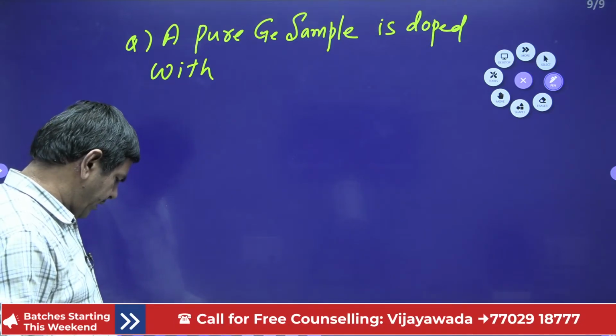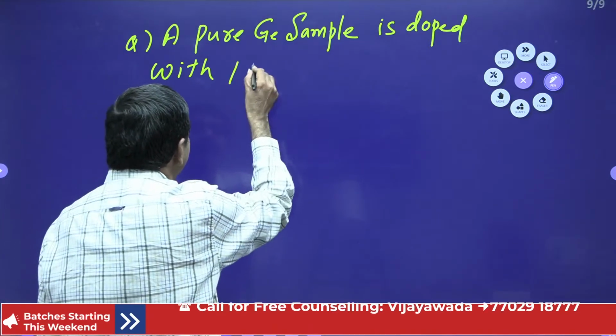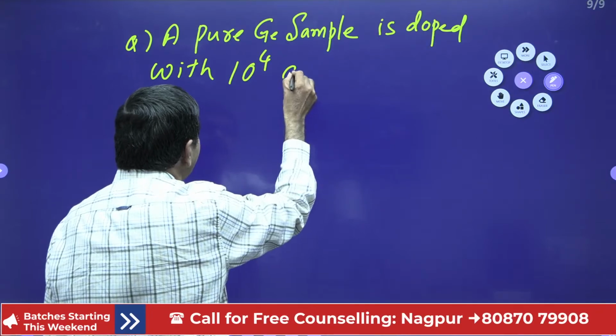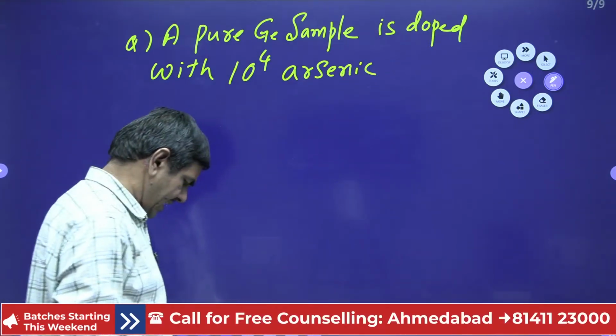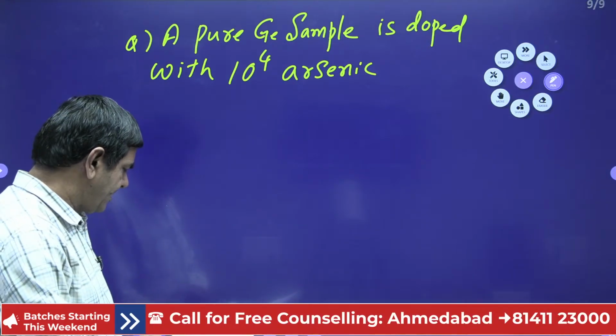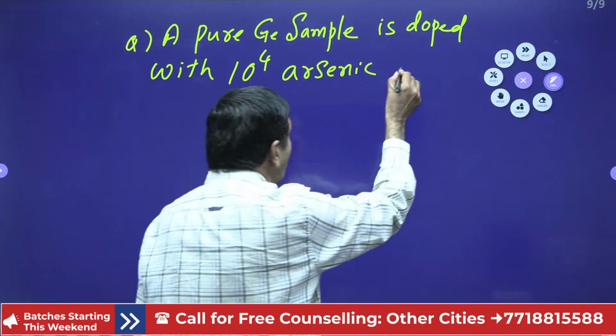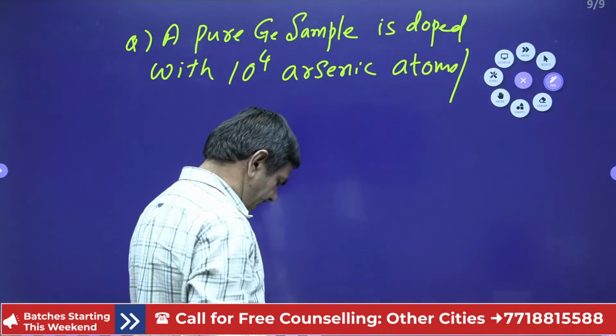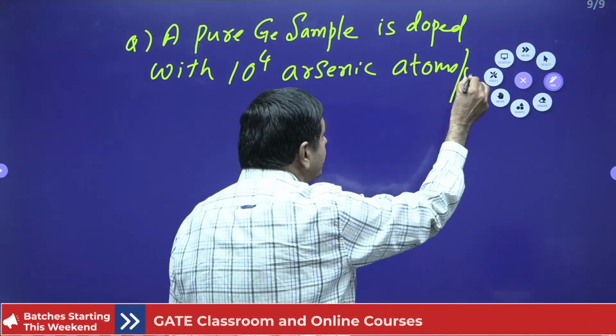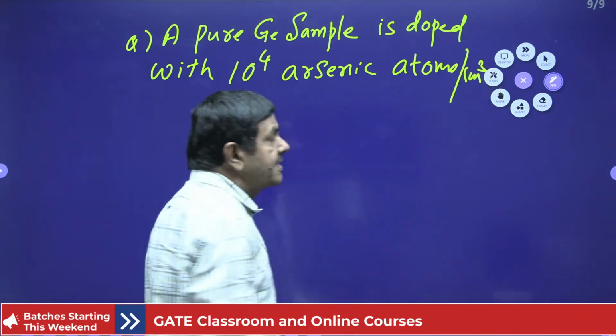10 power 14 arsenic atoms per cm cube. Per cm cube it is given.